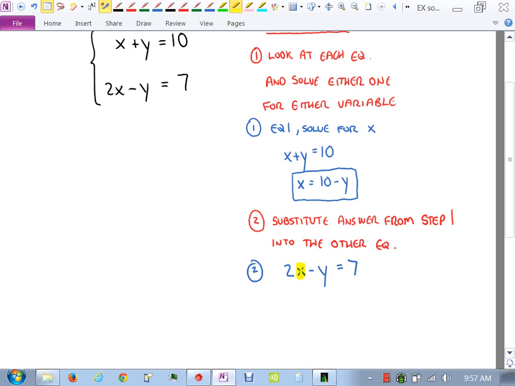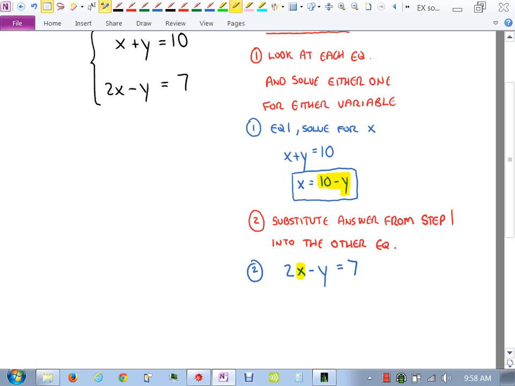Okay, so I'm going to take that x right there, and I'm going to replace it with the 10 minus y. I'm saying up here x is 10 minus y, right? So in this equation, whatever x is has to be replaced with 10 minus y. Does that step make sense as far as the words? I'm substituting the answer I just got from step 1 into the other equation.